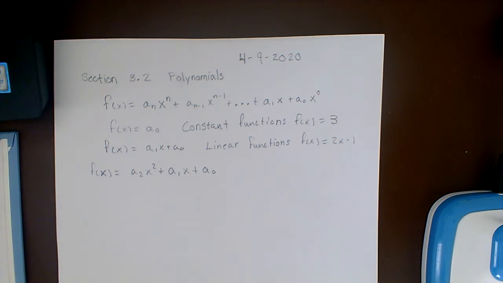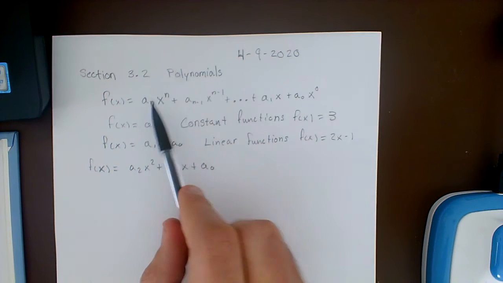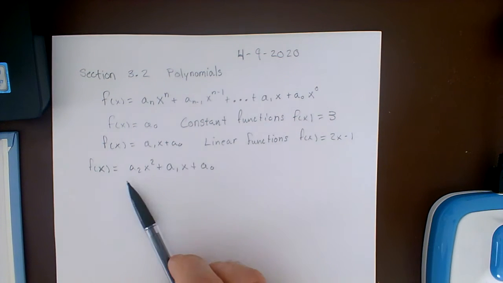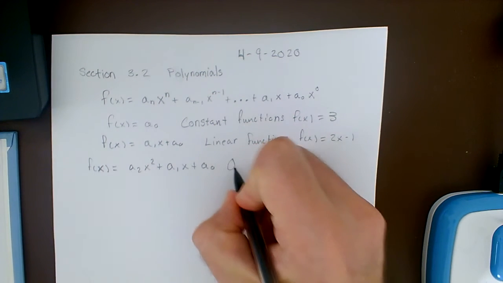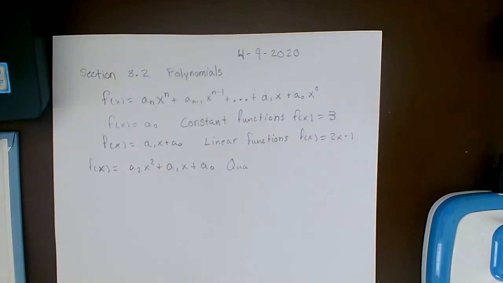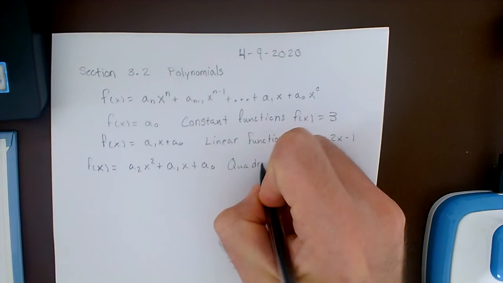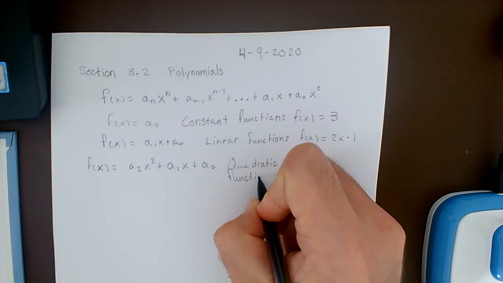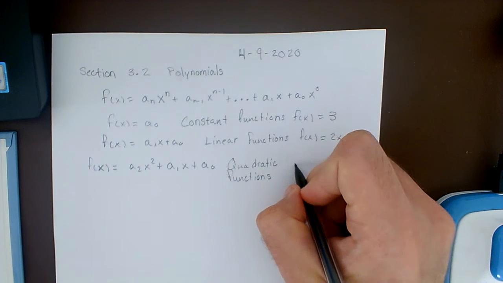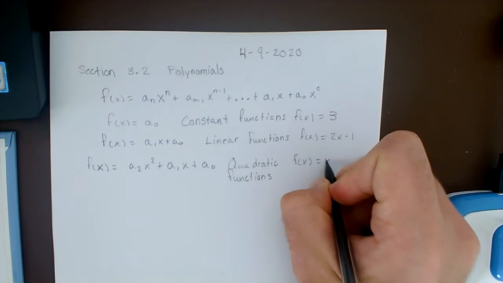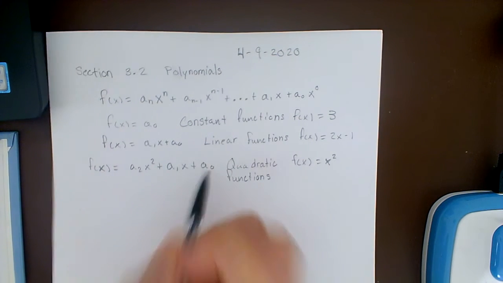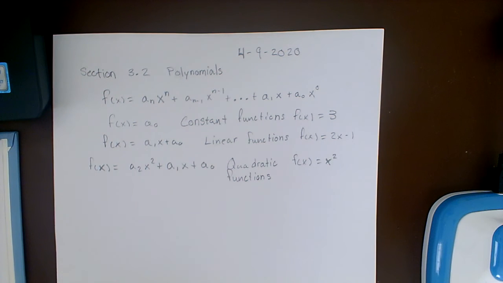Here they're writing it like this because they want to denote that this constant goes with this power. So for example, this is a quadratic function. And so you could have f of x simply equal to x squared, where a2 would be 1, a1 would be 0, and a0 would be 0. Okay, so those are some examples.